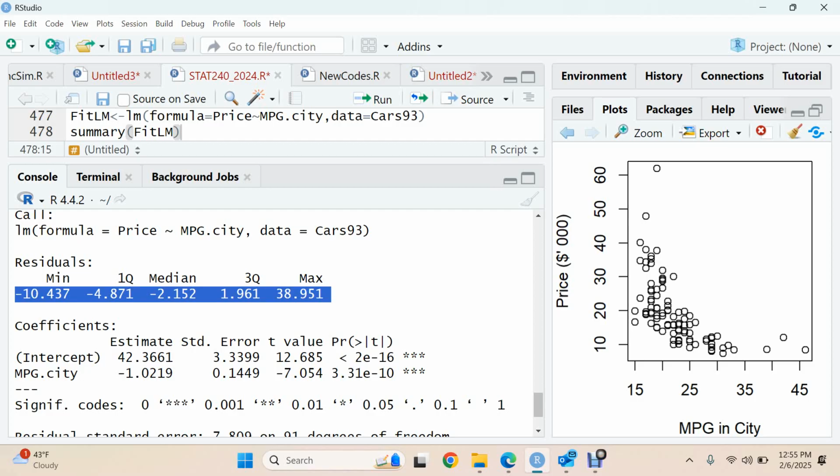So from our model, our Y cap, the price of the car, is 42.36 minus 1.02x. So this is our model, which relates the price of a car to the MPG.